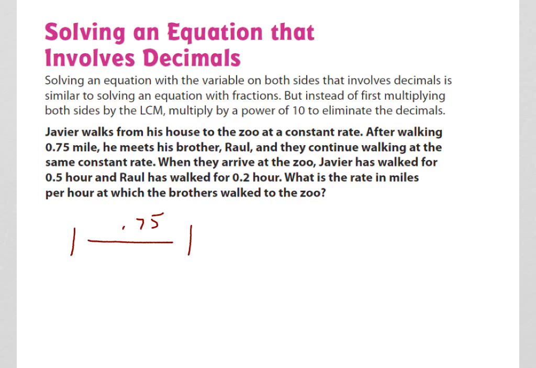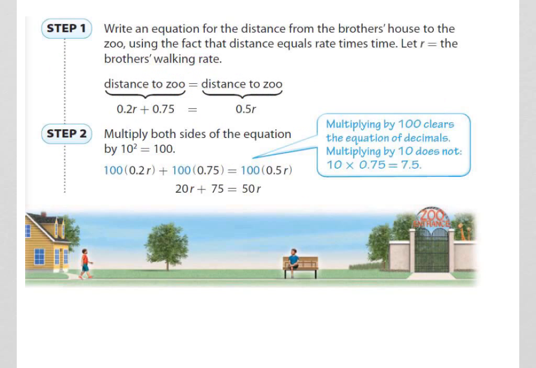So again, that other distance is 0.5. Okay? Now, we have distance to the zoo, distance to the zoo. So we look at the expressions that they give us. 0.2r plus 0.75 is equal to 0.5r.